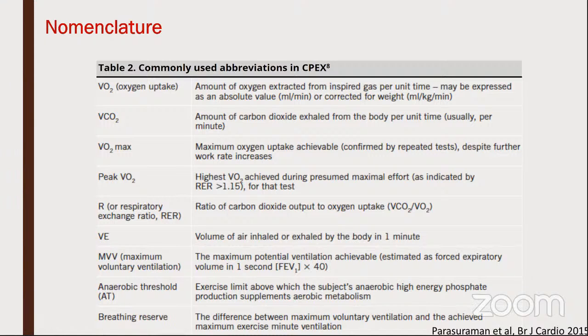In our patients who are limited, they go up and don't really reach a plateau, so we call this the peak VO2, and this is an important parameter for our test interpretation.